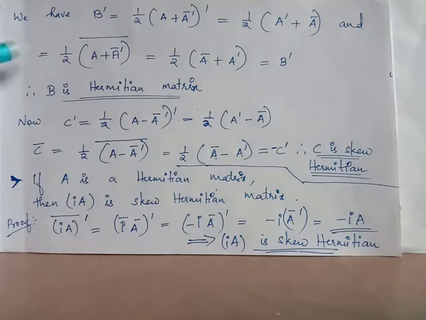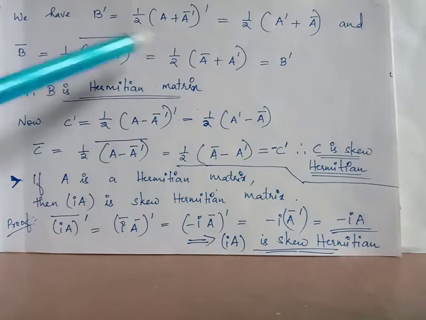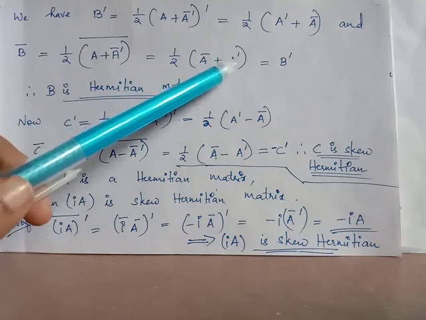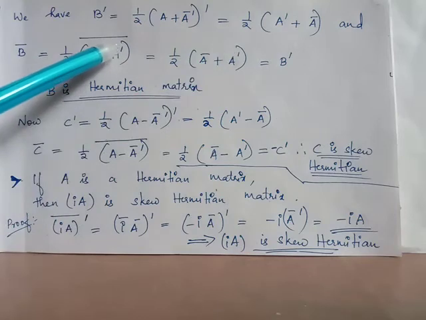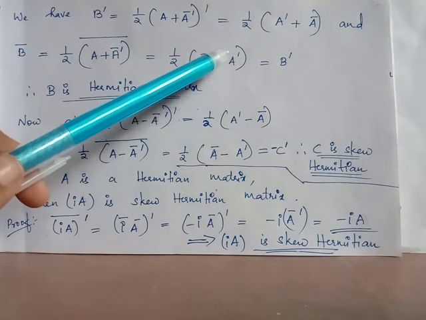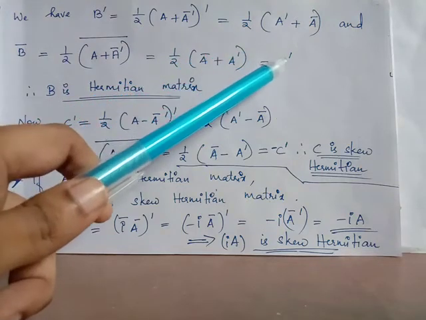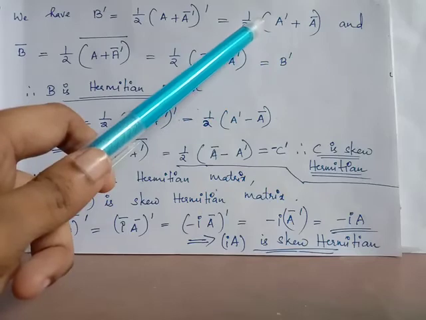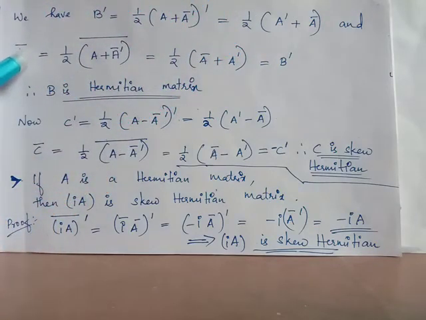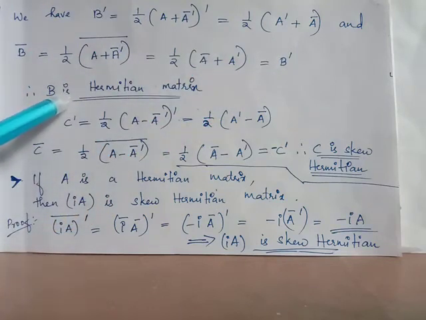When you take B conjugate, you get half times A plus A conjugate transpose the whole conjugate, which can be written as half times A conjugate plus A transpose, because A conjugate transpose the whole conjugate becomes A transpose. So this expression can be written as B transpose itself, looking at the RHS of the above equation. Thus we obtained B conjugate equals B transpose, and we can conclude that B is a Hermitian matrix.